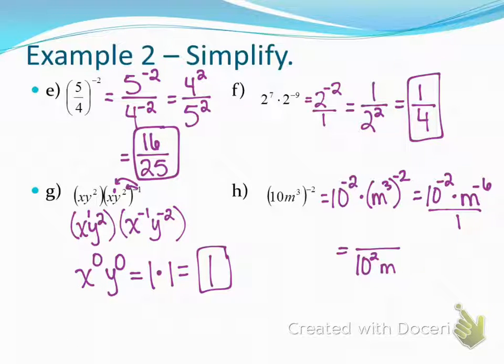Also needs to go. So what stays in the top? A 1. Very, very last step is that we could evaluate 10 squared. What is it? 100. So we have 1 over 100 times m to the 6th.